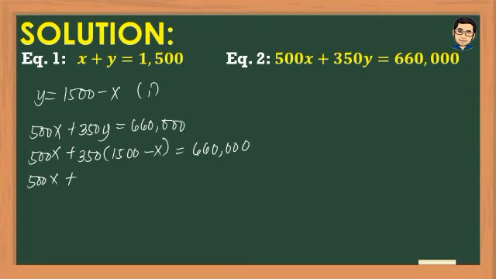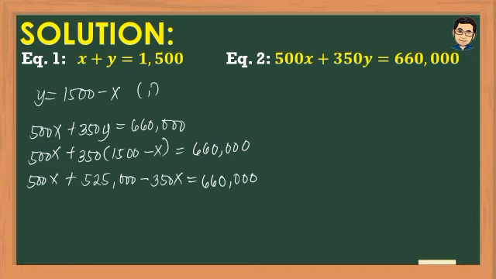So 350 times 1,500 is 525,000. And then minus 350x equals 660,000.